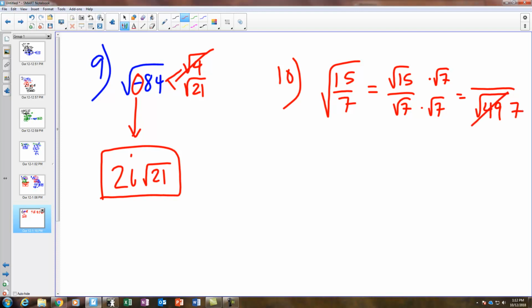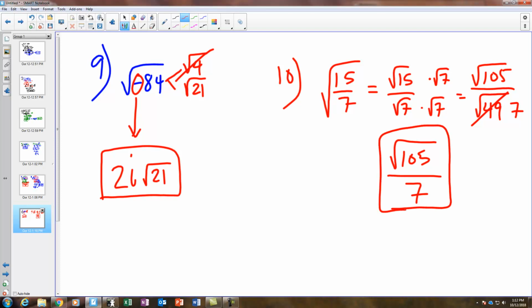That's the goal. On top, whatever happens, happens. It turns out this is root 105. So my final answer would be the square root of 105 over just a plain 7. I couldn't fix that on top. It was all about trying to get the 7 not to be in the square root anymore.